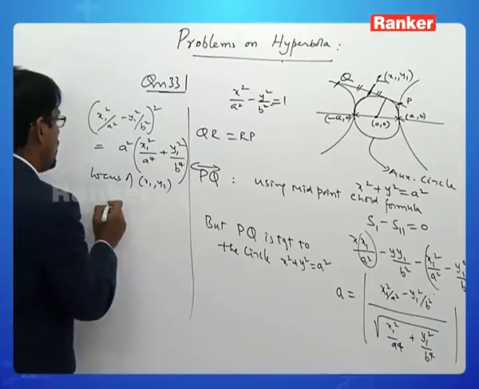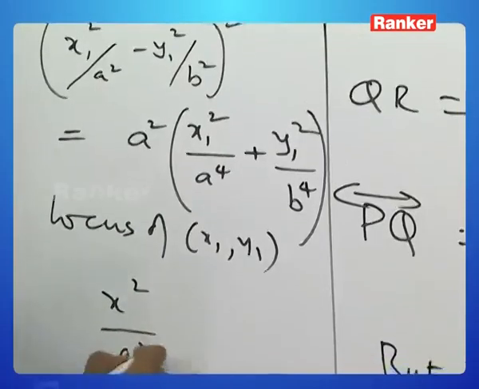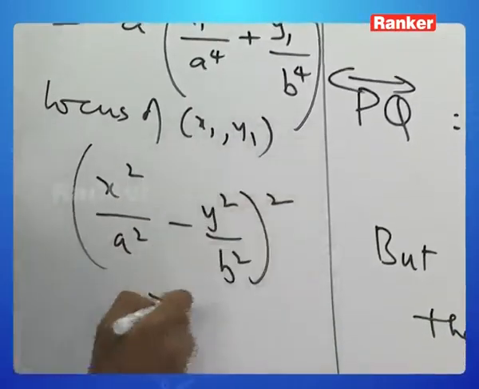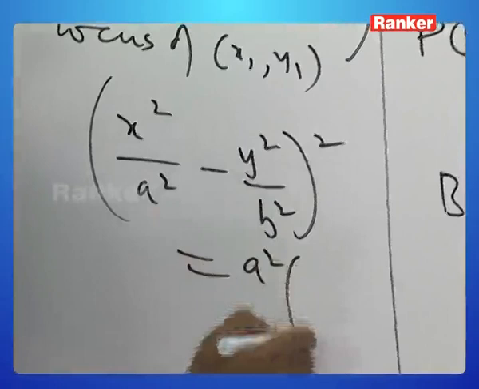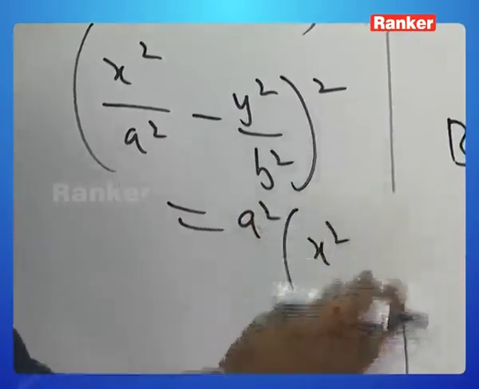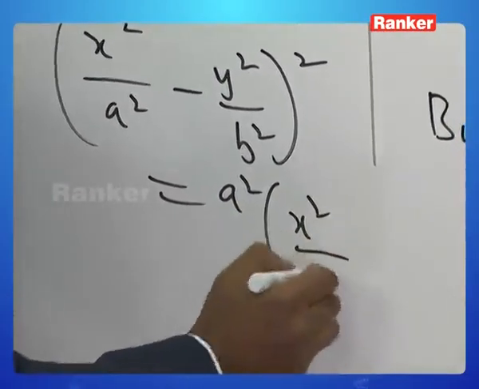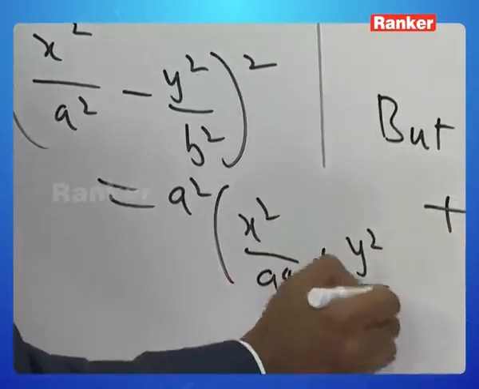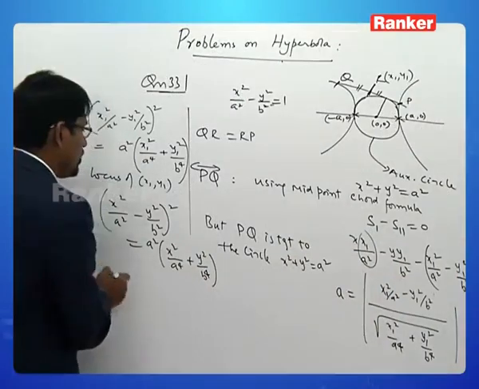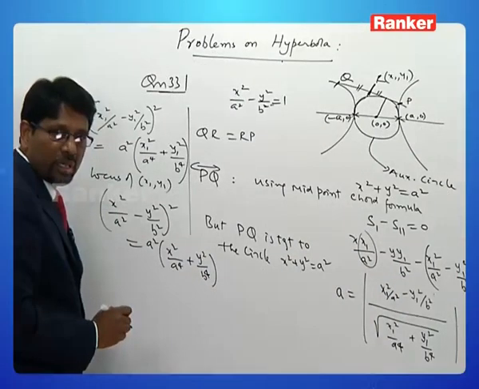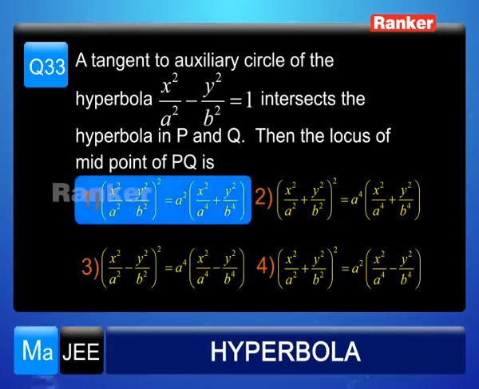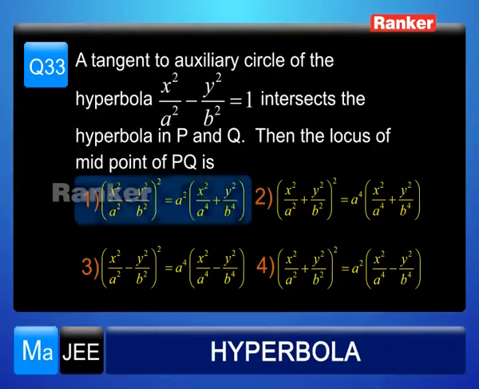So x square by a square minus y square by b square, the whole square, is equal to a square into x square by a power 4 plus y square by b power 4. So that is appearing in option 1. So option 1 is correct.